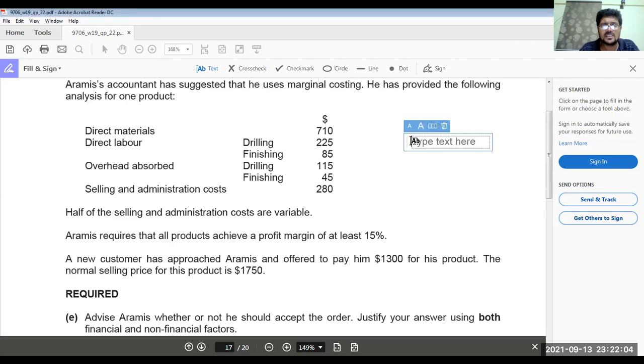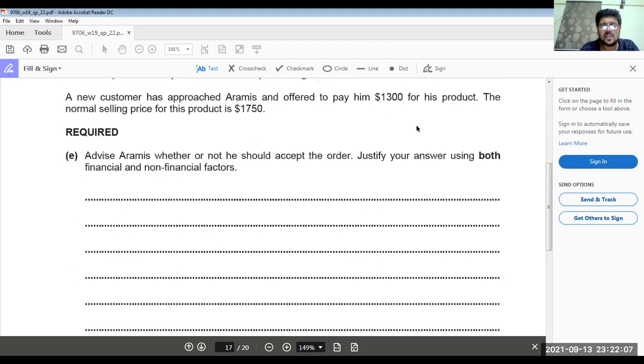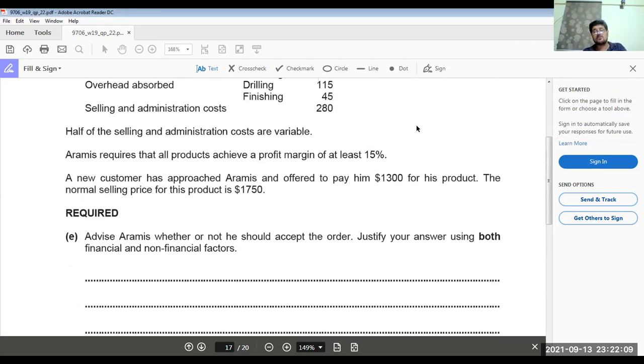Non-financial factors include, if you are giving them 1300, what about those customers who might give us 1750? First thing, is he a reliable customer? Will he give repeated purchases? And sustaining loss means no. Getting my point.